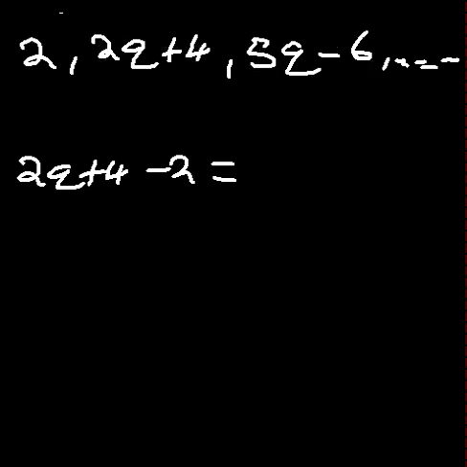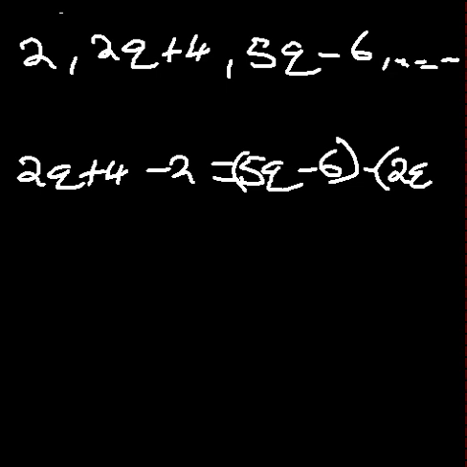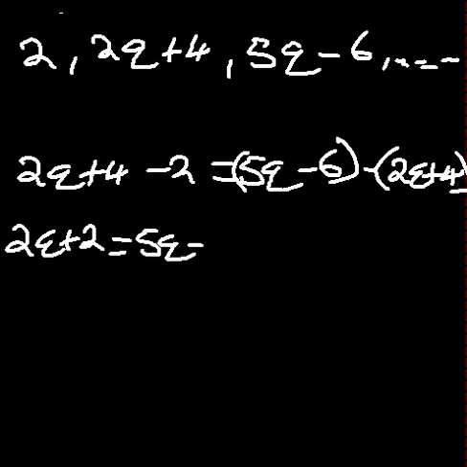So we have 5q minus 6 minus (2q plus 4). That is the essence behind it. So we'll have 2q plus 2, because 4 minus 2 is 2, equal to 5q minus 6.